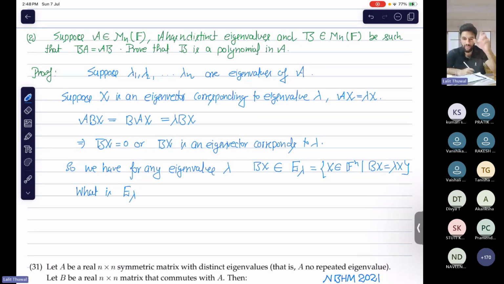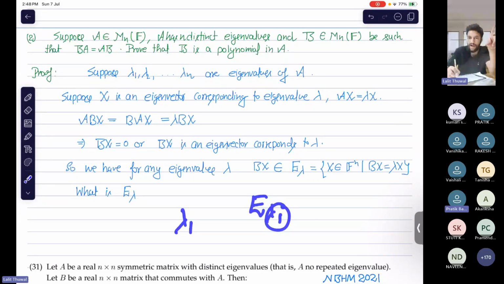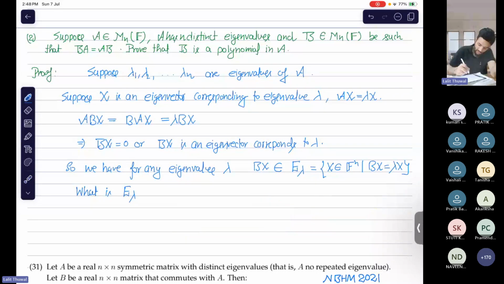Because A is diagonalizable with n distinct eigenvalues, suppose you have fixed the eigenvalue lambda 1. The dimension of E lambda 1 is 1, right? Because there are n distinct eigenvalues, the algebraic multiplicity of each eigenvalue is 1. So the geometric multiplicity must be 1, because geometric multiplicity is always less than or equal to the algebraic multiplicity and is greater than or equal to 1.